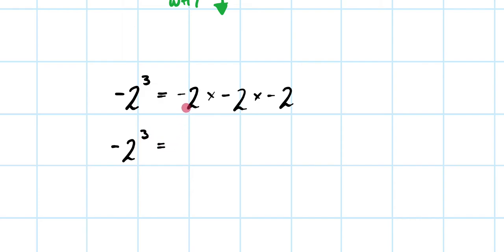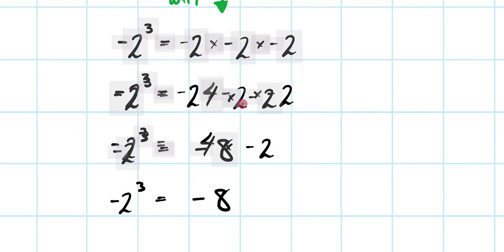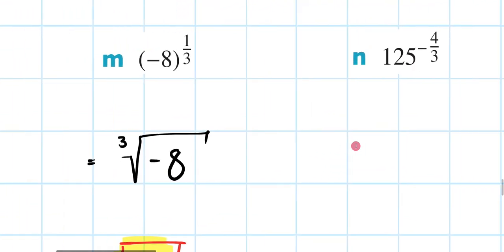Could someone tell me what -2 times -2 is? That's correct. It is 4. So the two negatives went away, and now I've still got this -2 on the end. So now I'm going to be left with -8. And that's exactly what we found. So that is why that works.